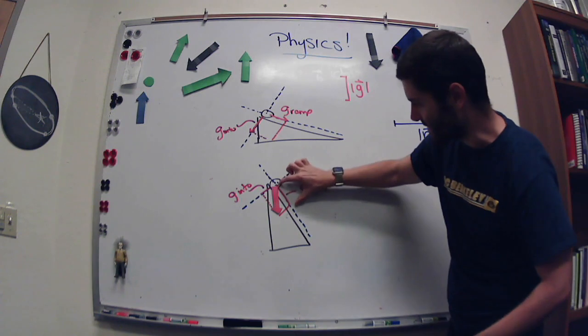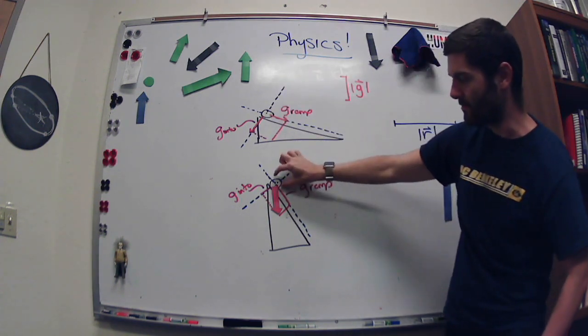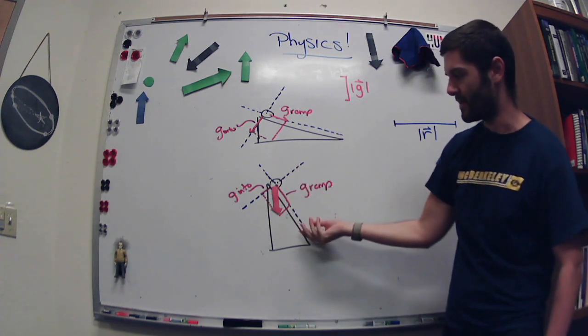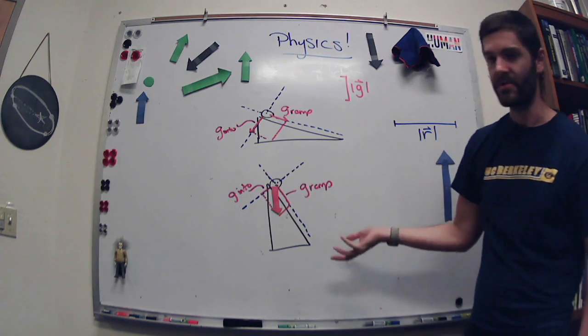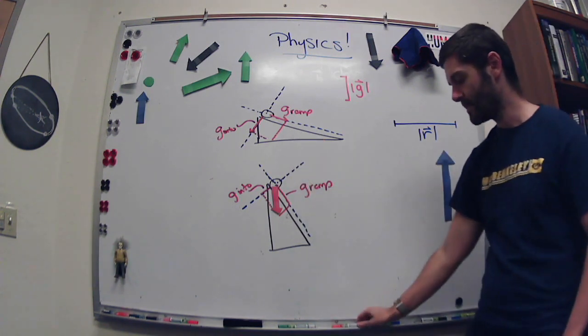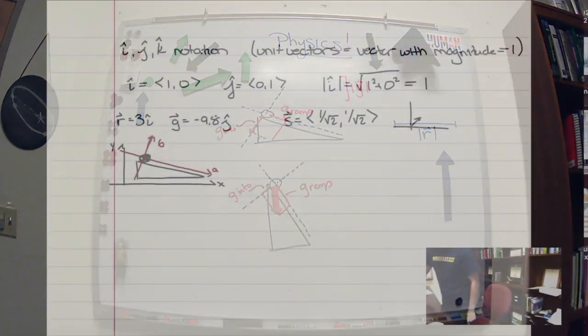Given that this length is longer than this length, this ball will feel more of a gravitational pull, because the ramp hinders the ball from falling much less in this case than in this case. So thinking about how vectors can be resolved into different coordinates is going to be very effective when we get into multiple dimensions.